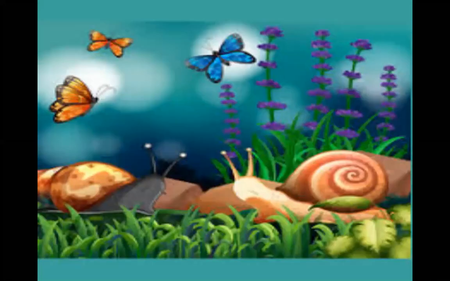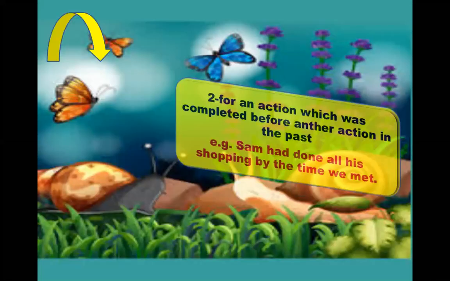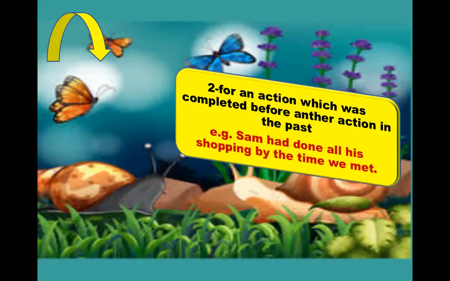Then we will talk about the second use. The first use of the past perfect is to express an action that happened before a specific or definite time in the past. What is the second use of the past perfect? For an action which was completed before another action in the past.